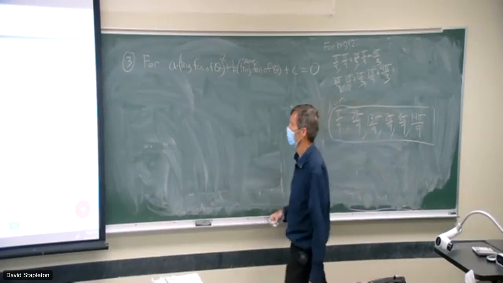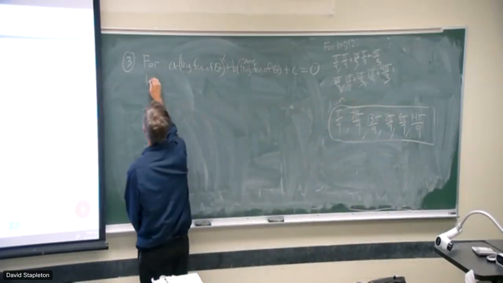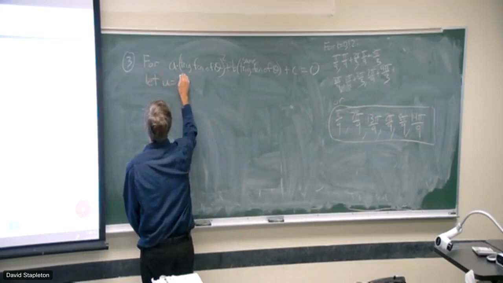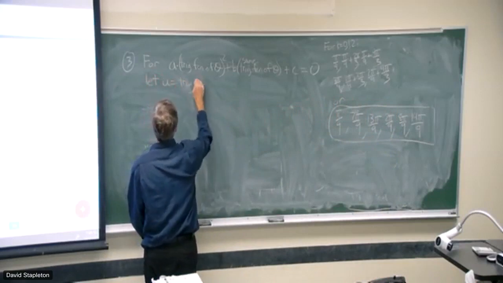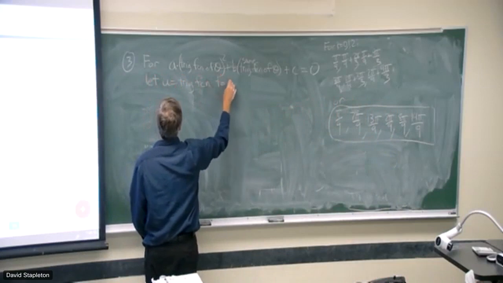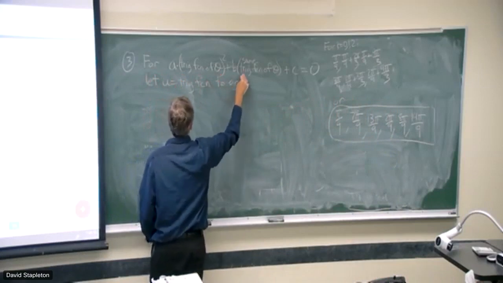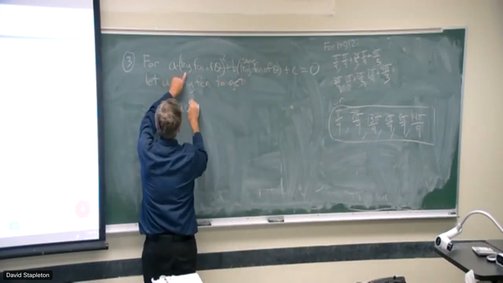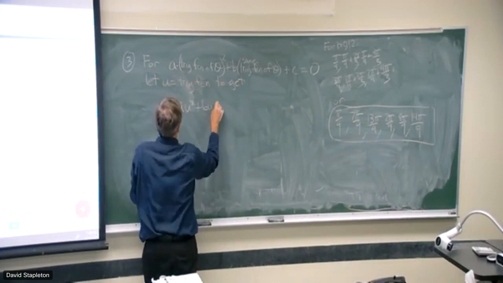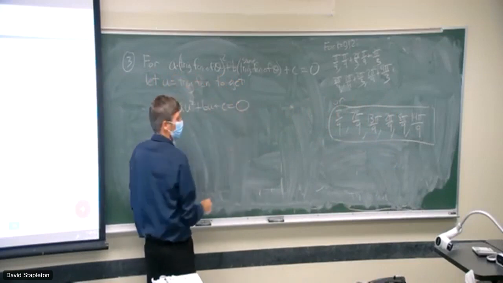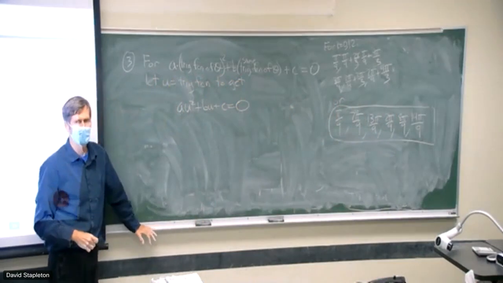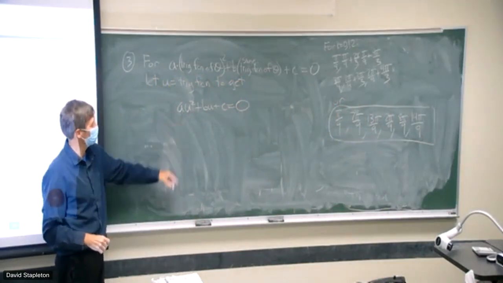What you do is this, let u equal the trig function. To get, equivalently, a times u squared plus b times u plus c equals 0, which is what kind of equation?